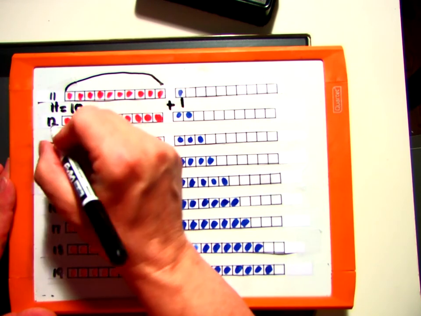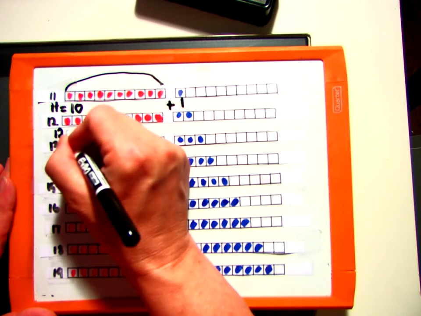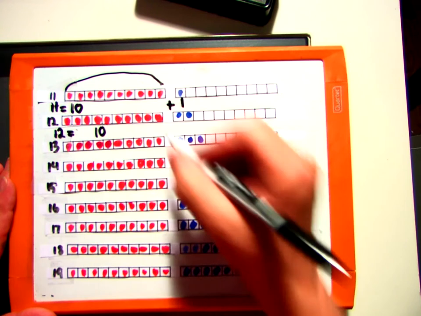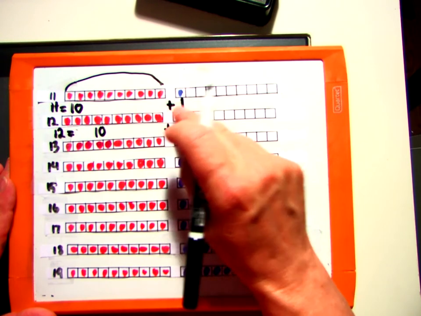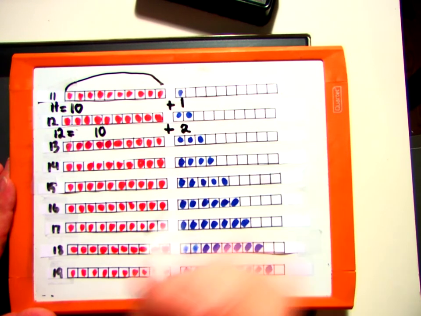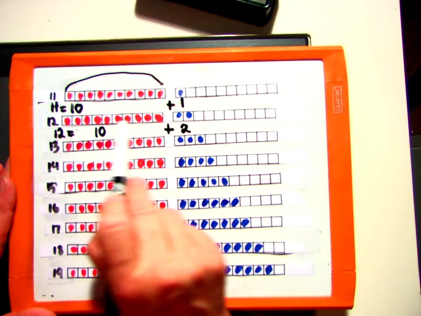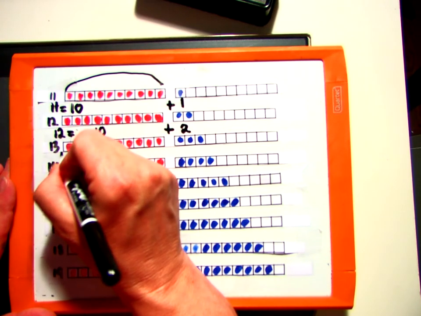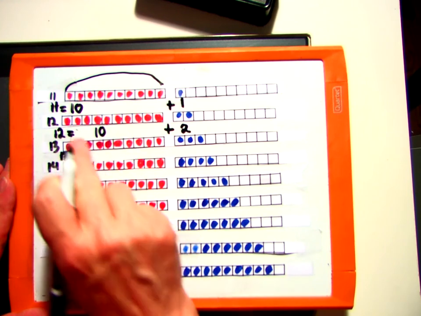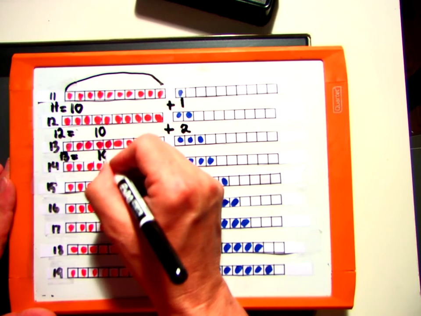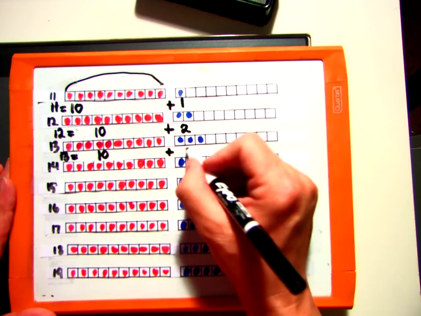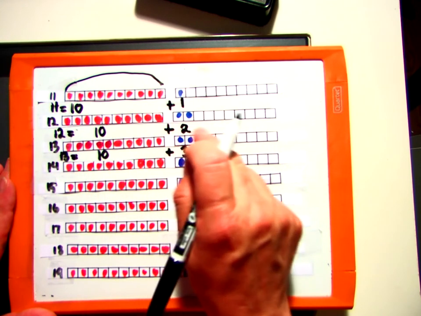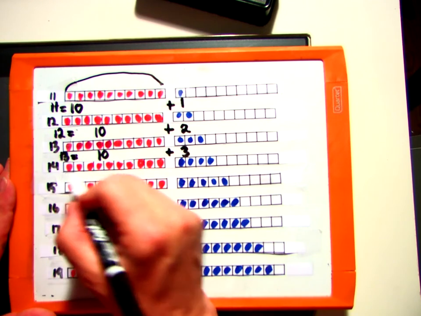That's correct. 12 is also a group of 10, so that would be 10 single ones plus 1, 2 single ones. Is that correct? Yes, it is, because look, 10, 11, 12. Okay, so 13 equals a group of 10, which is 10 single ones, plus 1, 2, 3. So let's count it. 10, 11, 12, 13. Good job.